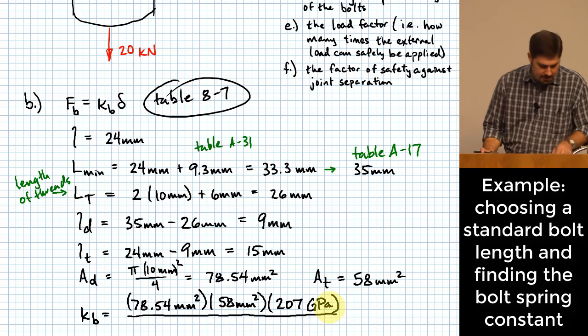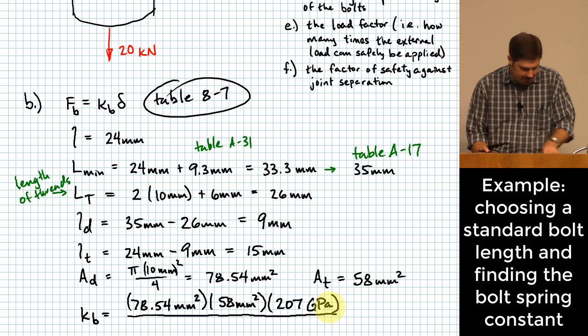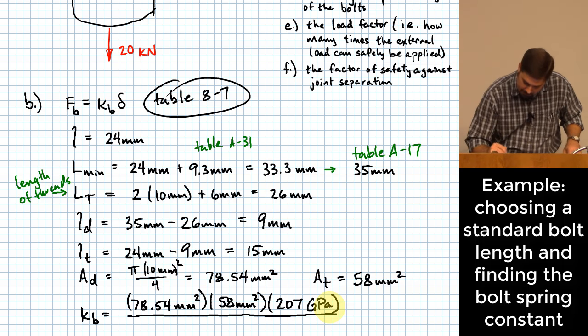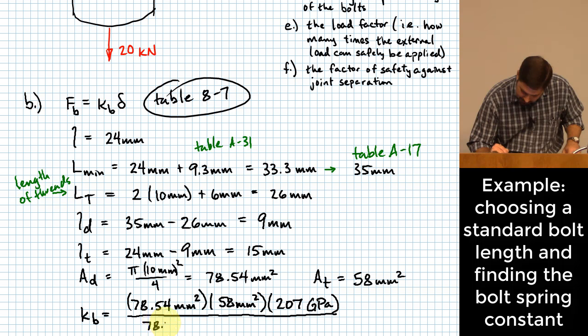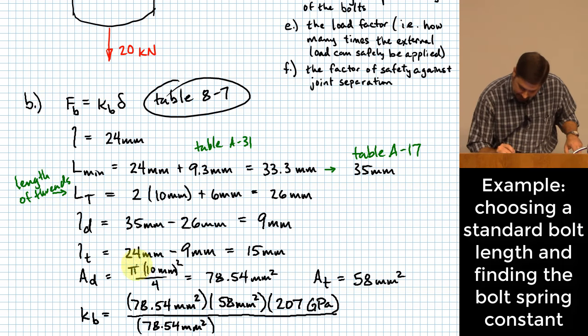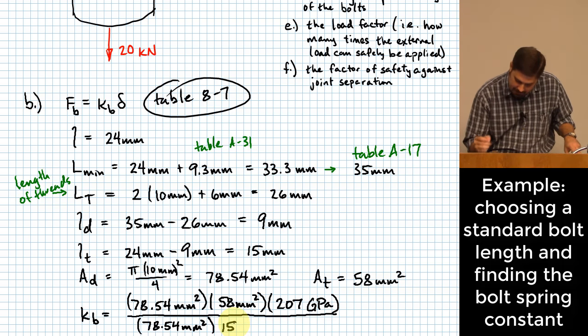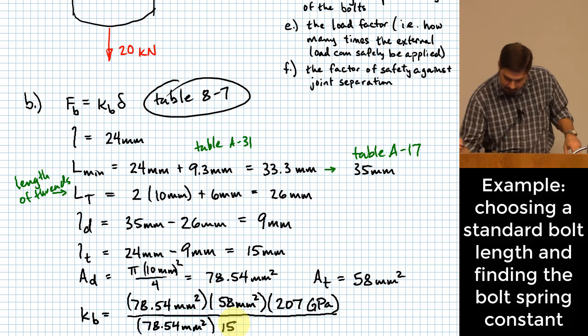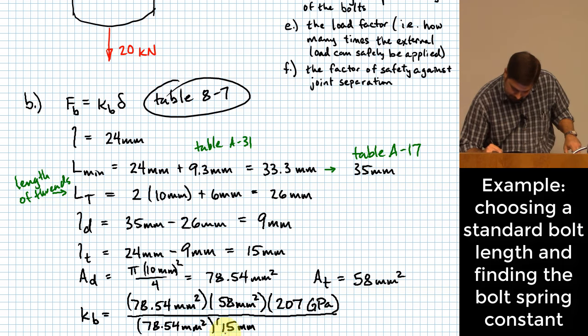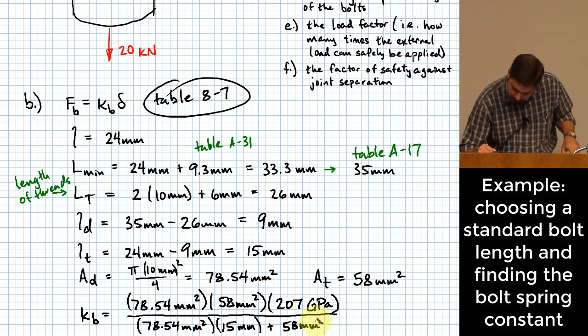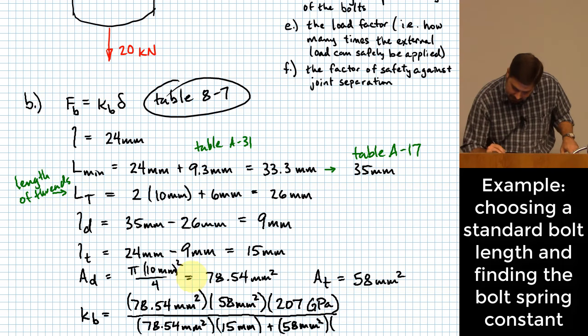And we divide this by the area of the unthreaded portion, which is 78.54 square millimeters, times the length of the threaded portion. Okay, keep in mind, you have the area of the unthreaded times the length of the threaded, and you're adding to that the area of the threaded times the length of the unthreaded.